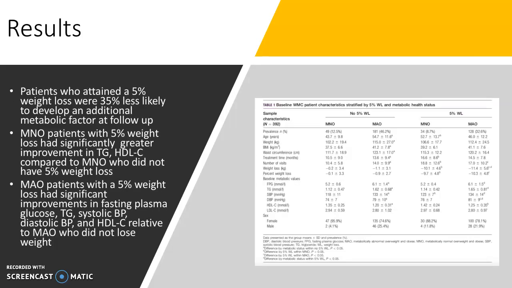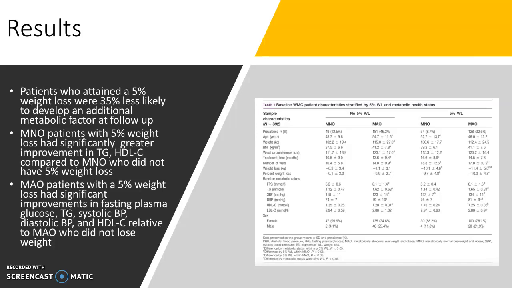Some more results. So patients who attained a 5% weight loss were 35% less likely to develop an additional metabolic factor at follow-up. Metabolically normal obese patients with 5% weight loss had significantly greater improvements in their triglycerides and HDL, compared to metabolically normal obese adults who did not have the 5% weight loss.